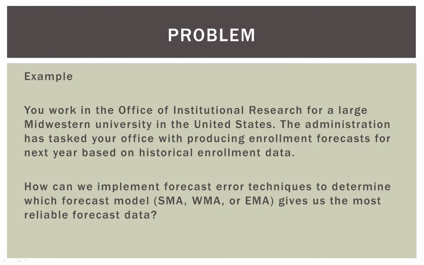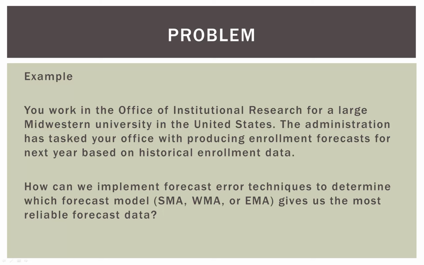So we'll be using the same problem we have in the past several videos, and that is where we are working in the Office of Institutional Research for a large Midwestern university here in the U.S. The administration has tasked our office with producing enrollment forecasts for next year based on historical enrollment data.